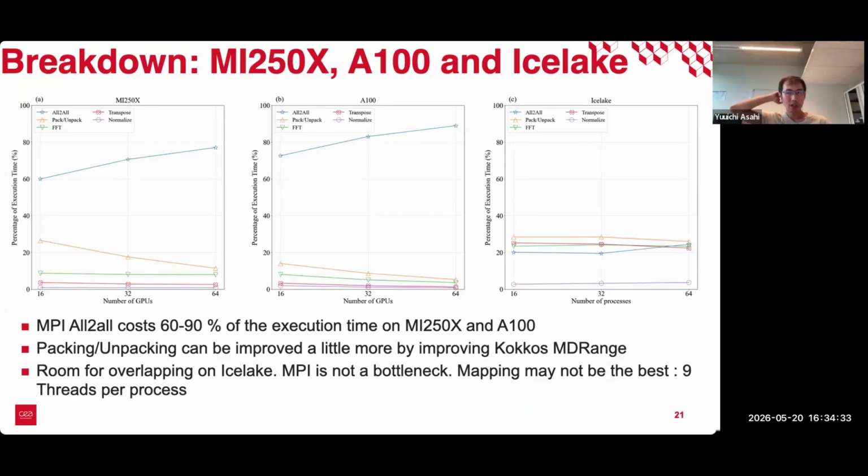Overall, communications are the bottleneck, but we have some good news from the viewpoint of the AI community. The AI community is recently using mixture of experts in LLMs, and this requires all-to-all communications. So vendors have now started to support all-to-all communications natively, like NCCL and RCCL, and oneCCL as well.